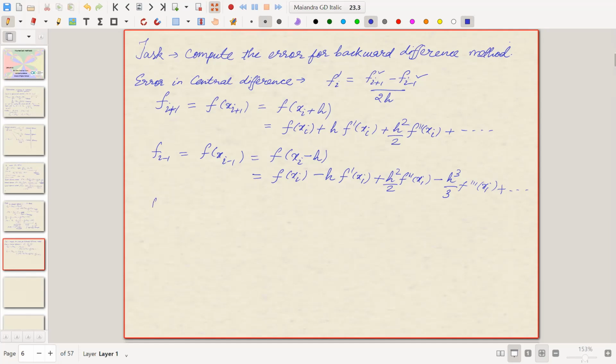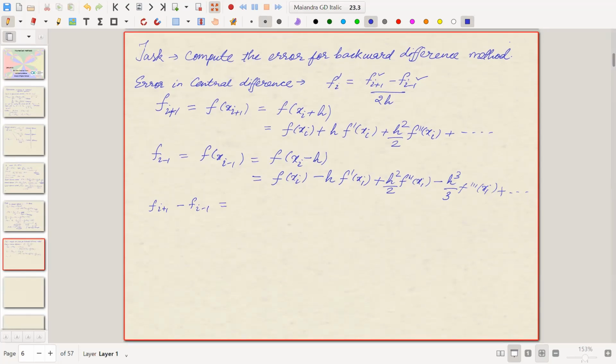You have to take f i plus 1 minus f i minus 1. When you subtract, f of xi cancels, then it will be 2h f dash of xi, and the h square term gets cancelled. So it will be order of h cube.